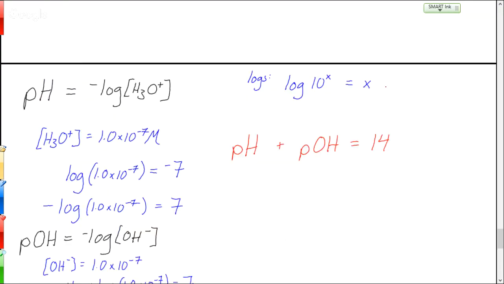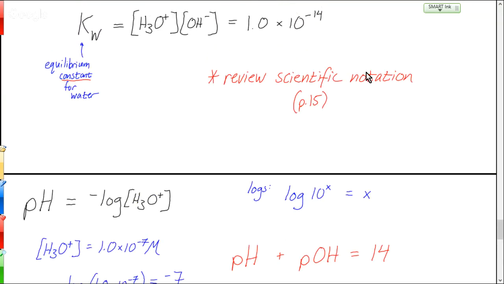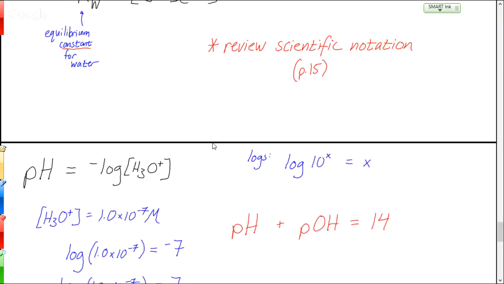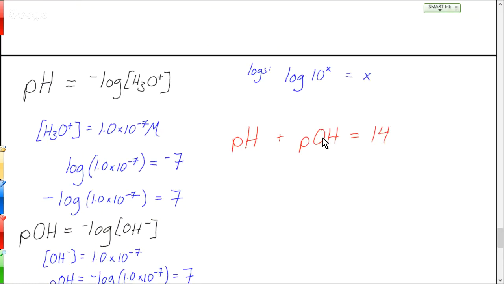So that's another way of saying that same thing. The concentrations multiplied together is 10 to the minus 14. The p's added together is 14. So with that information, not only can we calculate pH from hydronium concentration, but given any one of those things, pH, pOH, hydronium concentration, or hydroxide concentration, we should be able to calculate the other 3.